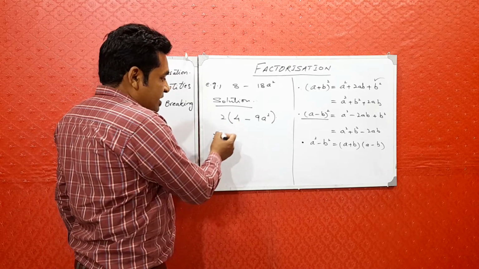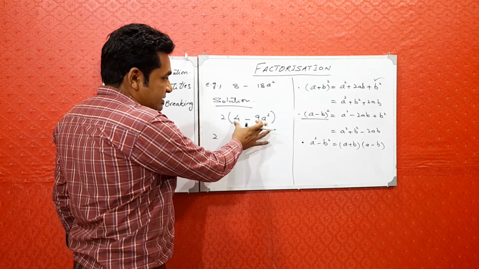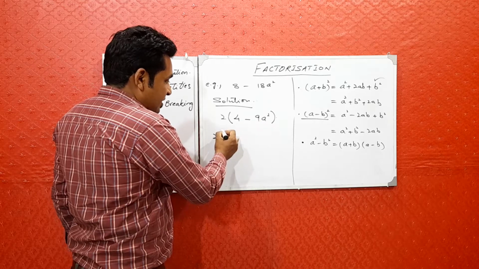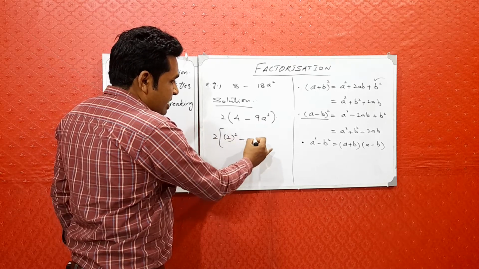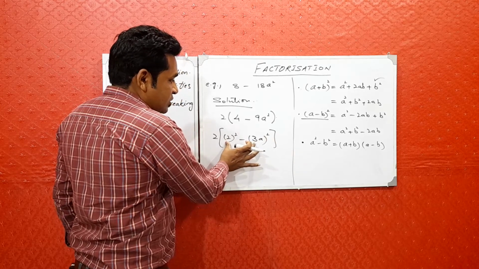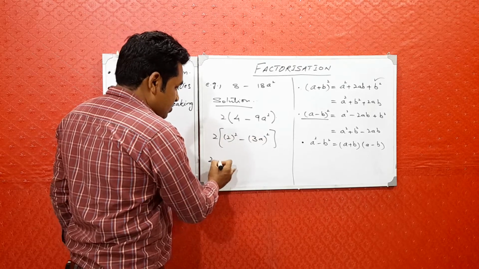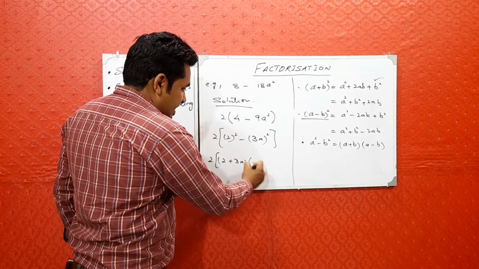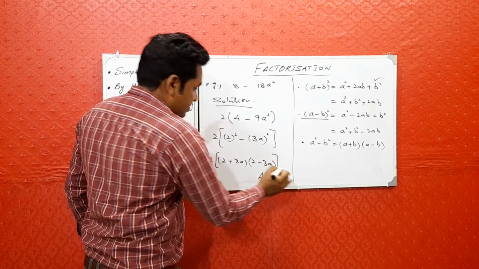Now when we have taken 2 common, then 4 and 9a squared, which are written in the bracket, we are in a position to factorize this expression. So 2 squared minus 3a whole squared is a squared minus b squared, which can be written as a plus b and a minus b. So 2 into 2 plus 3a and 2 minus 3a. That's the answer to the question.